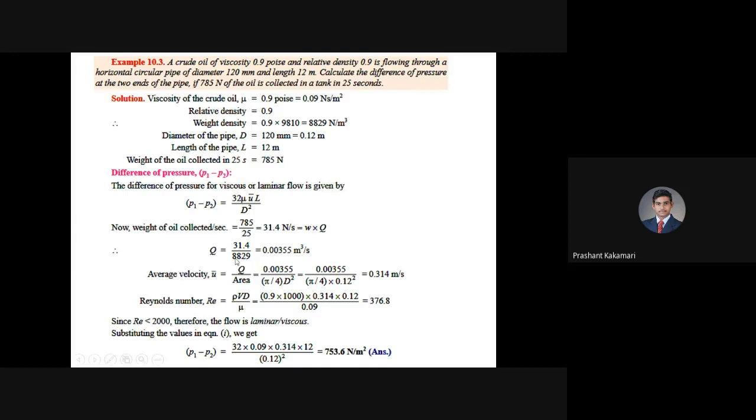Okay, if directly we don't know the average velocity, then we can go by this formula or this procedure, if the weight of the liquid or weight density is given. This discharge step is clear to all?